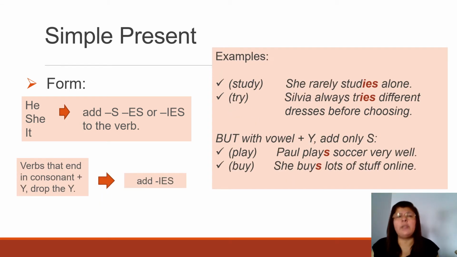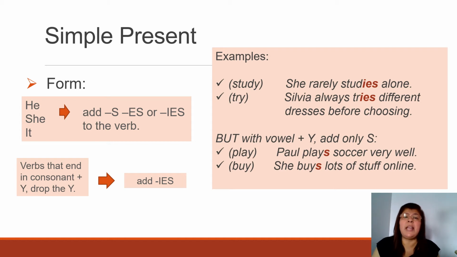Let's continue to talk about the third person, but now we are going to focus on the verbs that end in consonant plus y. Okay? When the verb ends in consonant plus y, you drop the y, you remove the y and add ies. Examples: study.